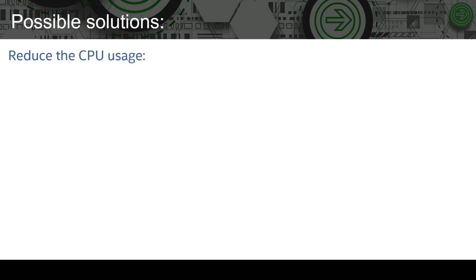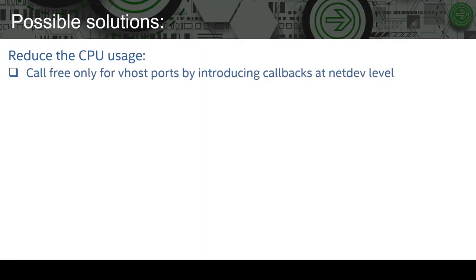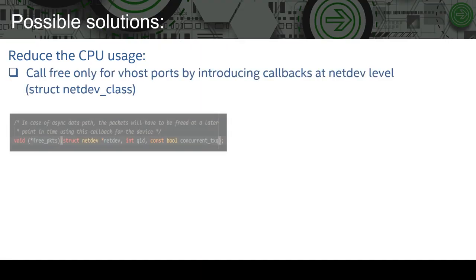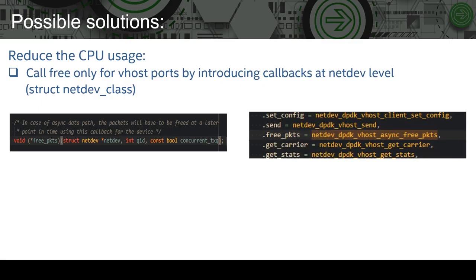To reduce the CPU usage and avoid breaking abstractions, we can have a callback at the netdev level, that is, in the netdev class, something like this. This will cause free to be called only for vhost ports which have this function registered.